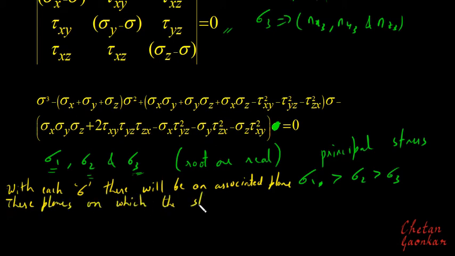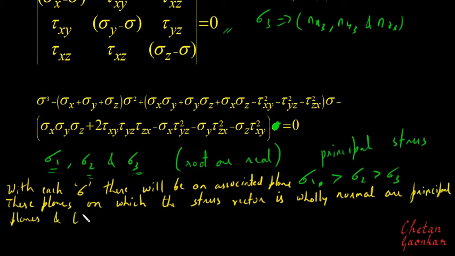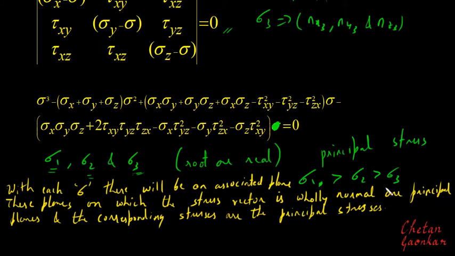These planes on which the stress vector is wholly normal are principal planes, and the corresponding stresses are the principal stresses. Okay, so with this we have been able to find the principal stresses as well as the direction of the principal plane, or the orientation of the principal plane.